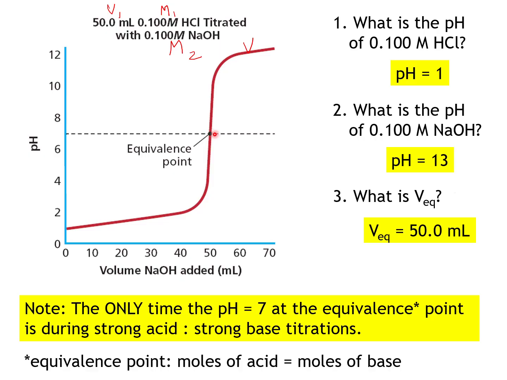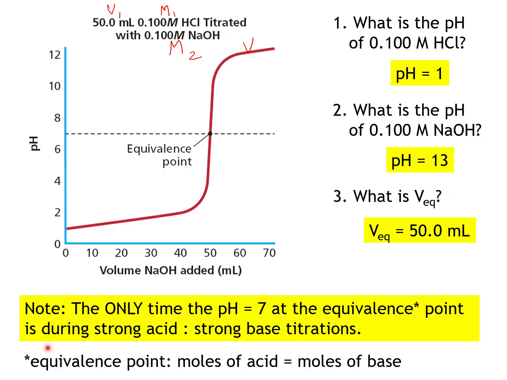Usually people can pretty much eyeball it. It's not too bad. And then we say, all right, this occurred at 50 milliliters. So if we didn't know what the equivalence volume was, we could use this curve to find it. And then you also notice that the pH at the equivalence point is equal to 7.